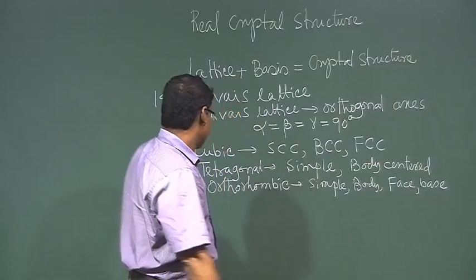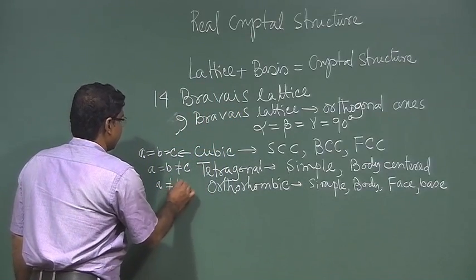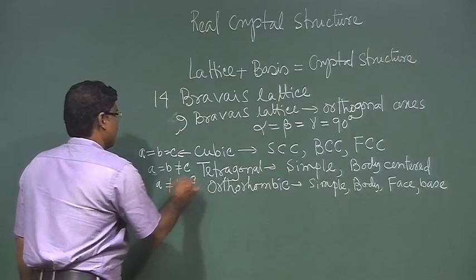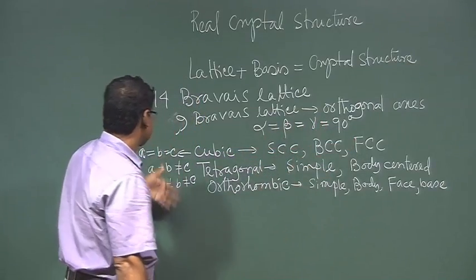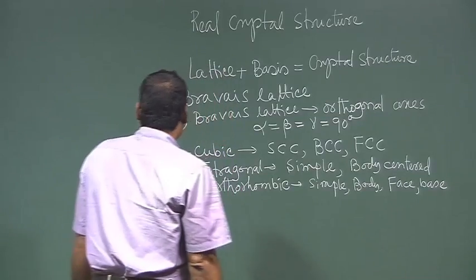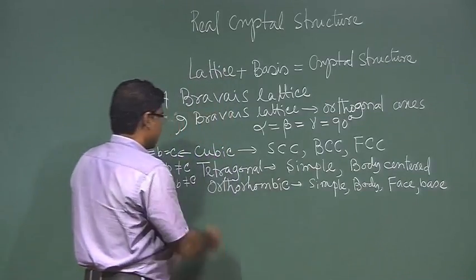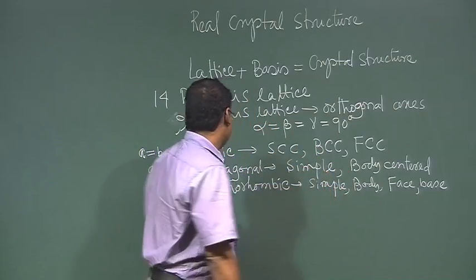Here A is not equal to B is not equal to C. Okay. So, all angles are 90 degree, but there is a variation of A, B, C. So, total is 3 plus 2 plus 4, that is 9.